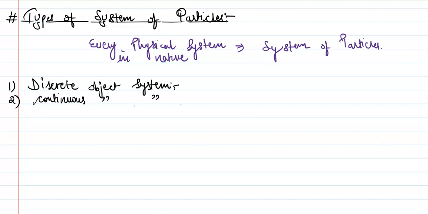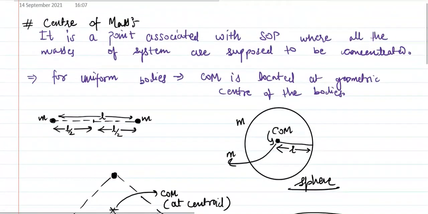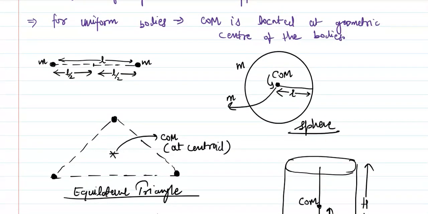In discrete system, we are going to study systems like the first one that we studied at the first place, and this equilateral triangle system.